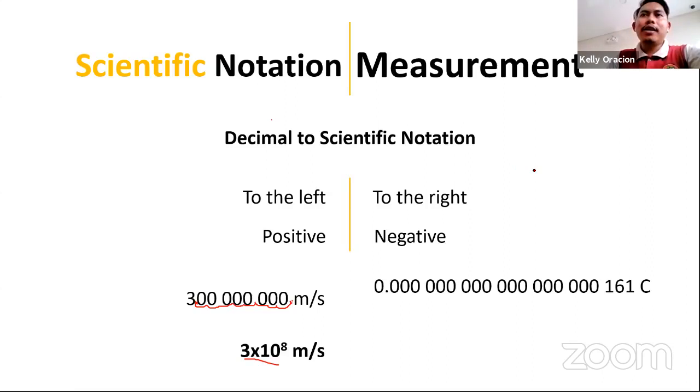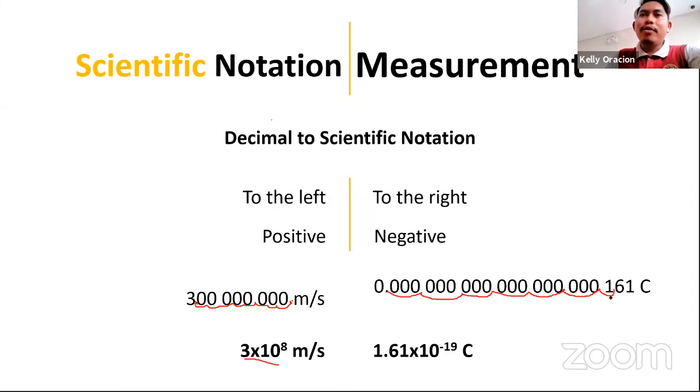Okay, so let's try to check your answer. The correct answer is 1.61 times 10 raised to negative 9. Let's count: 3, 6, 9, 12, 15, 18. 18 na dito. Move ka lang ng isa.